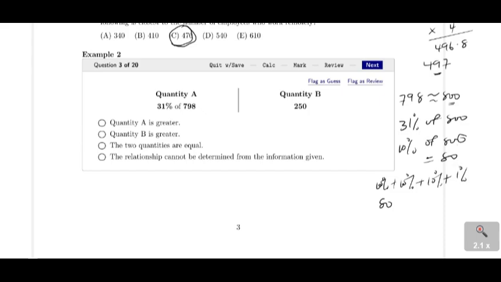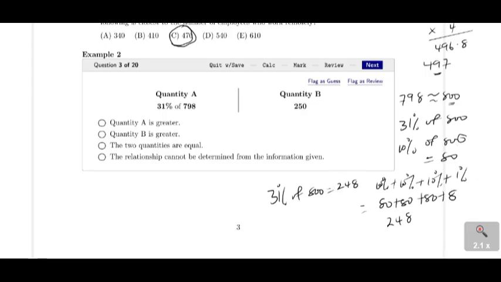So we have 80 plus 80 plus 80. Then 1% of 800 is just 8, right? So let's add this. This is going to be 248, because 80 plus 80 plus 80 is 240, and then plus the 8, that's 248. So now 31% of 800 is actually 248.